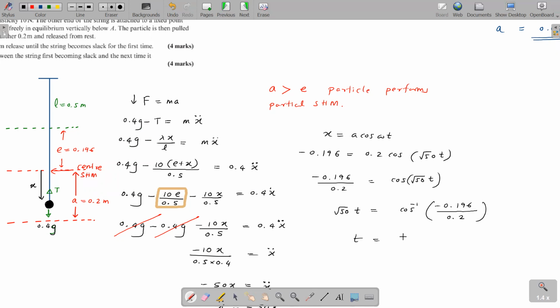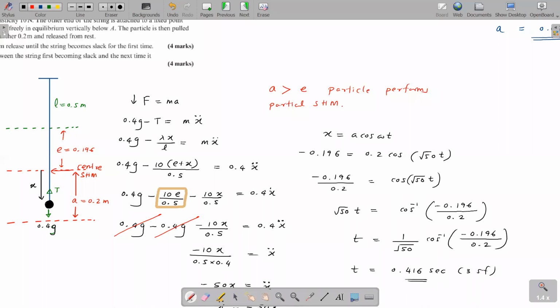So t equals cos inverse of minus 0.196 divided by 0.2, divided by root 50. Okay, so let's get the time. How much is the time taken? 0.4159. It goes on. So correct to 3SF, 0.416 seconds.